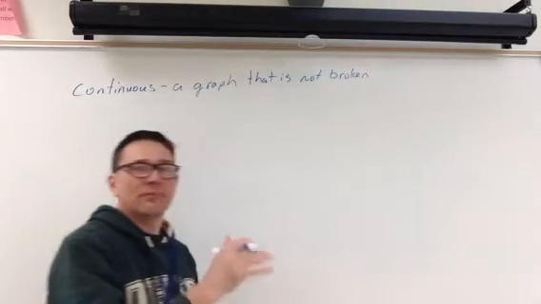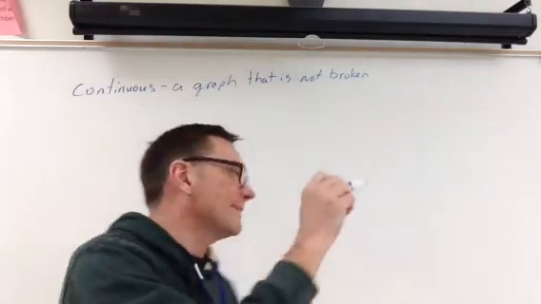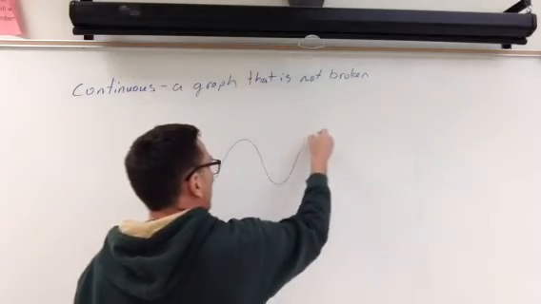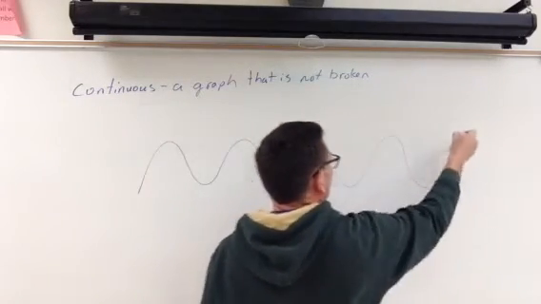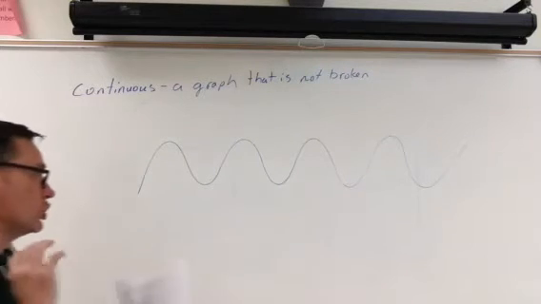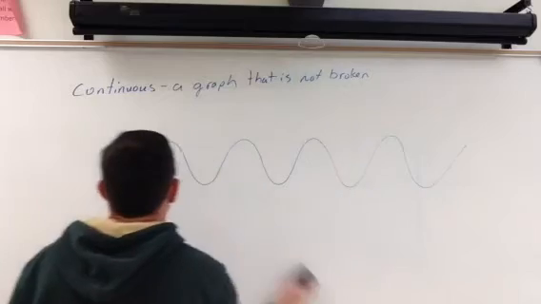It continues on forever. There's no breaks in it. I can take my marker and draw any kind of curve and it's going to keep going on. I just graph that whole thing without taking my marker off the page. That is a continuous graph. There's no breaks in it.